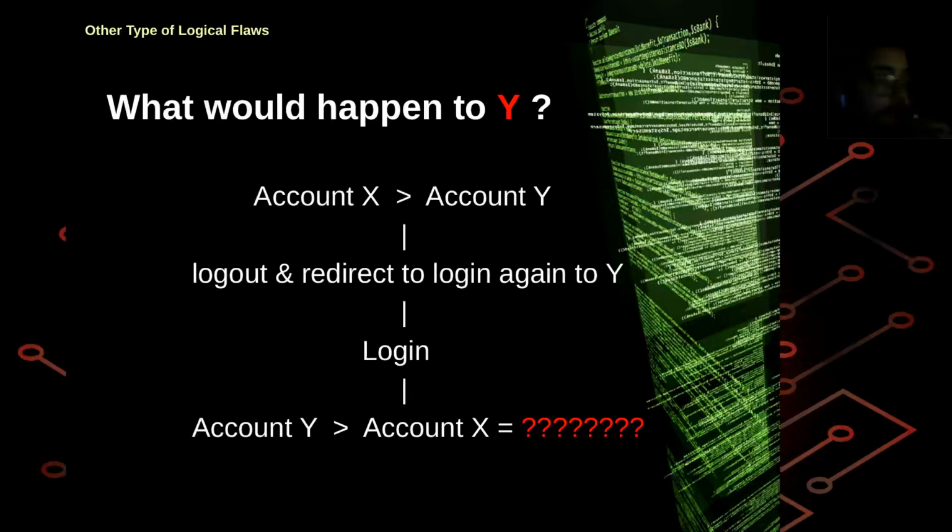When we try to log in, as you can see, the request Y that we send to the Facebook server says that we are on account Y, but at the same moment Facebook will execute account X. So what will happen?